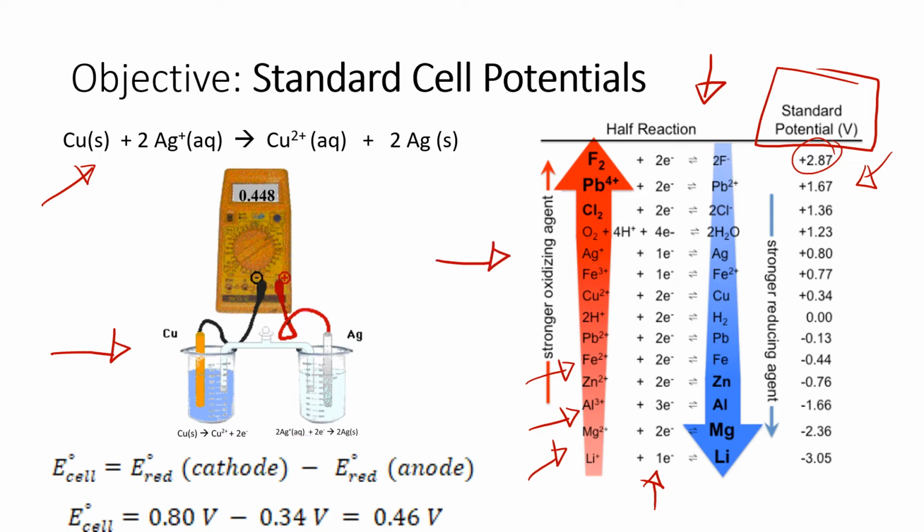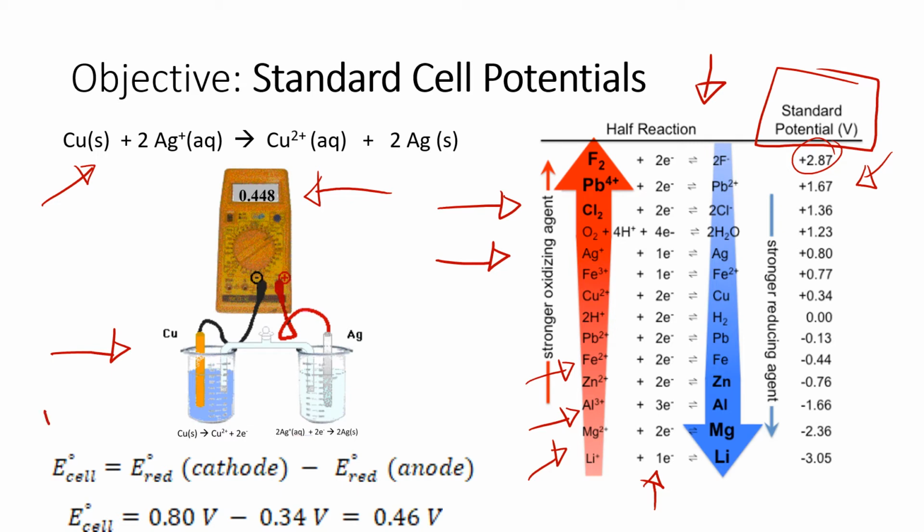So right here, what's happening is we are physically measuring it with a voltmeter, and we're getting an experimental, in other words, an empirical value that you're measuring in the lab. But what if you already have these values and you just want to calculate it, or you want to compare it to those calculated standard values that already exist?